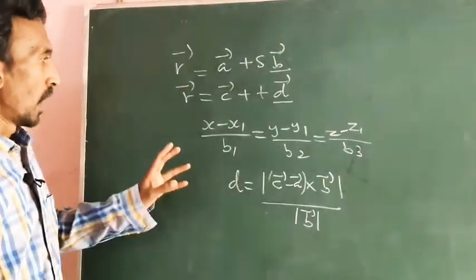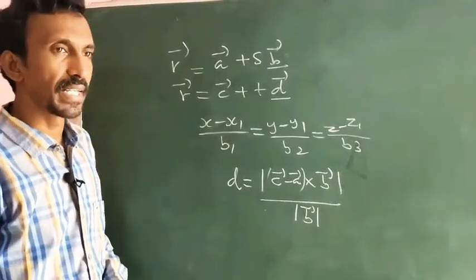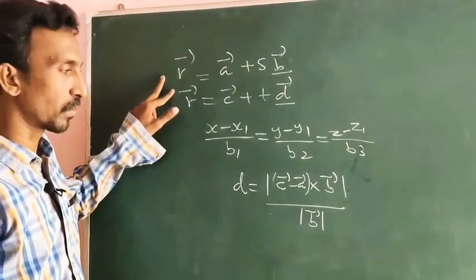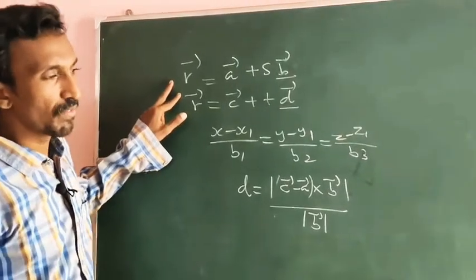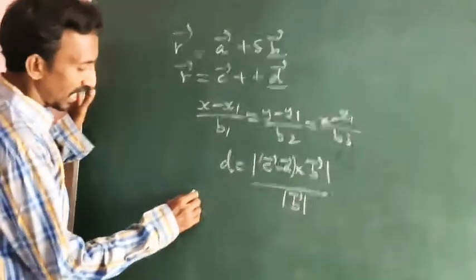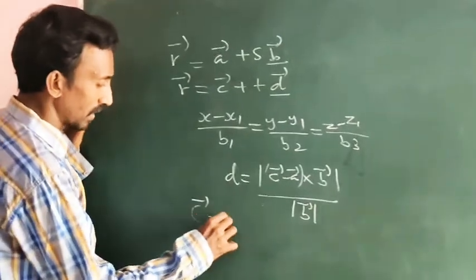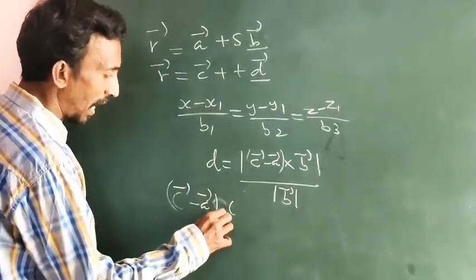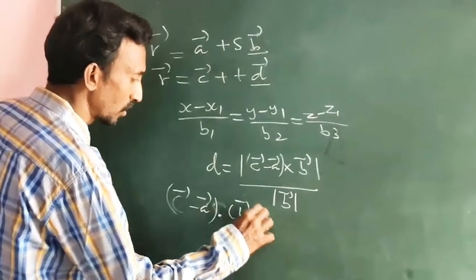Suppose the lines are intersecting. How can we check that the two straight lines are intersecting? There is a condition of intersection. It is c minus a dot b cross d equal to 0.